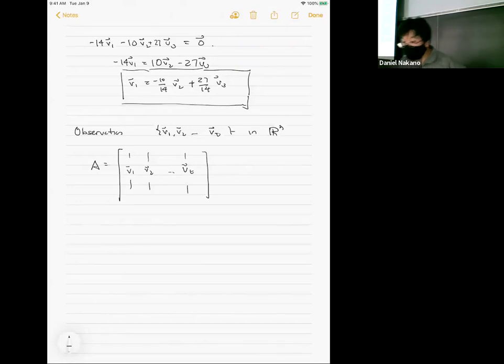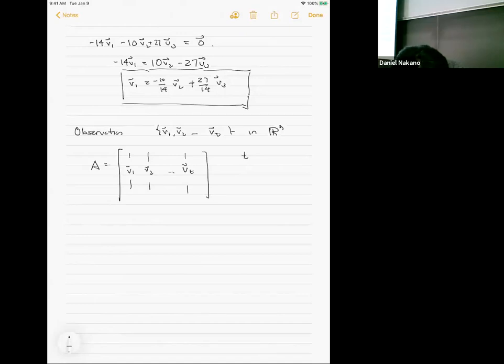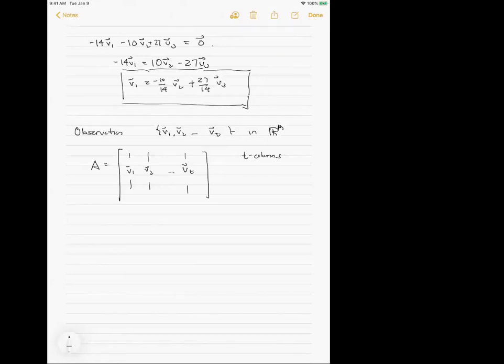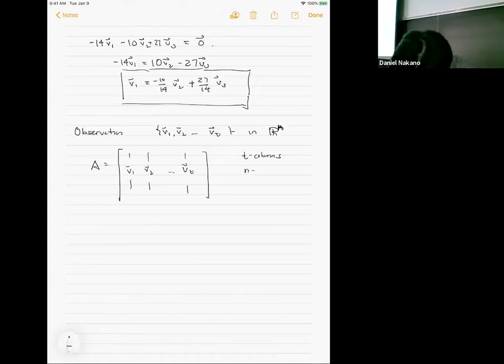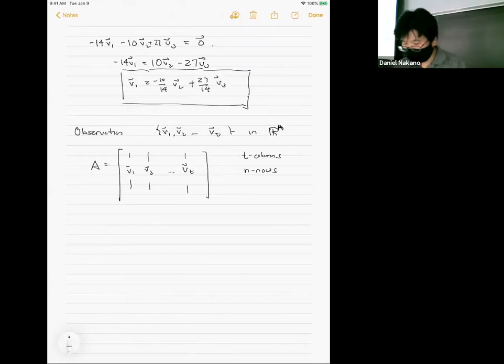Anyone? Well, first of all, how many columns are there? T columns. Okay, so this is in Rn, so there are n rows. So there are n rows here, and then there are t columns.